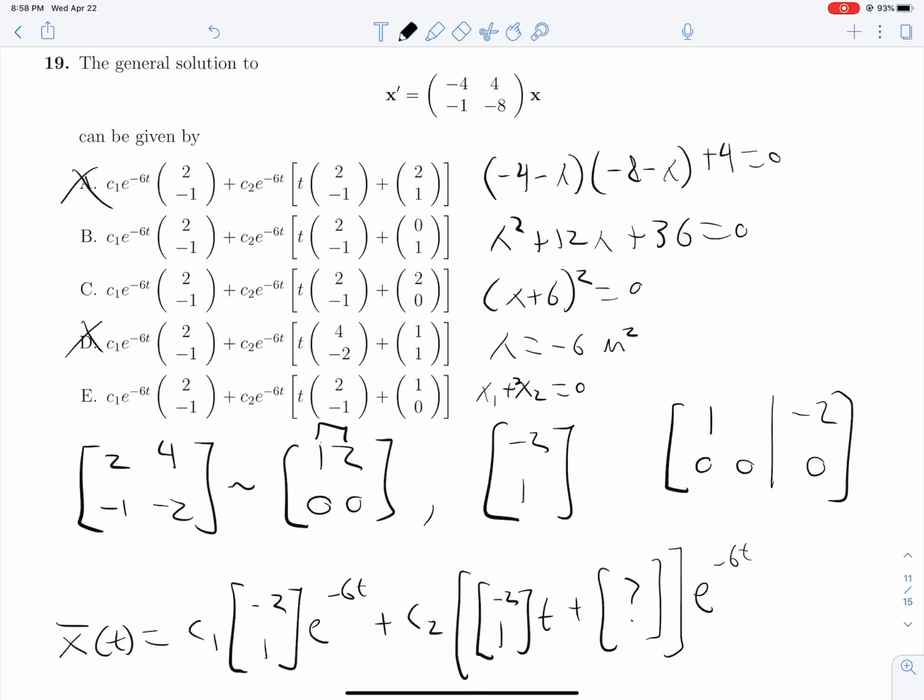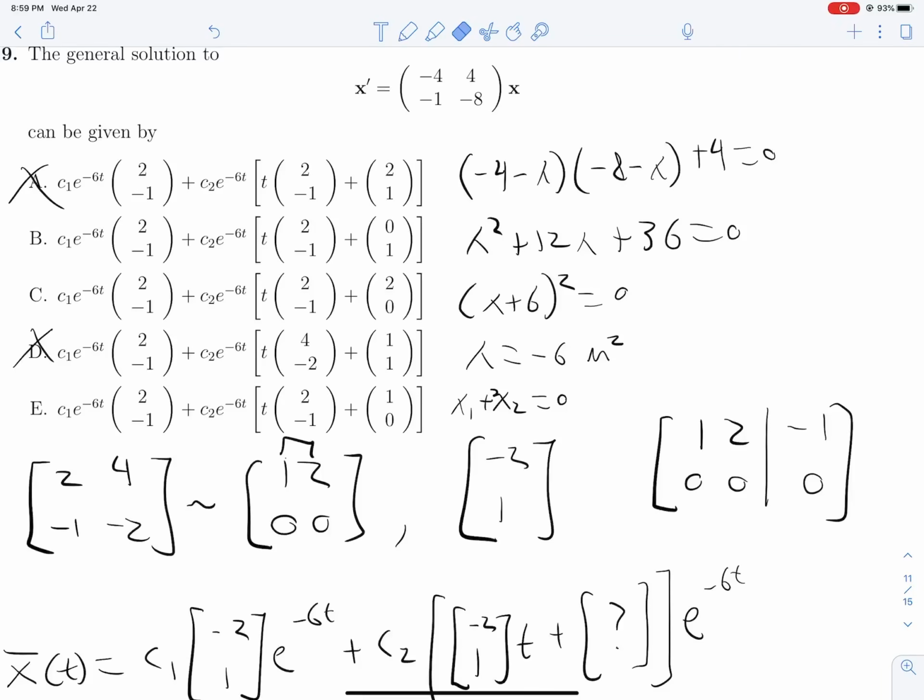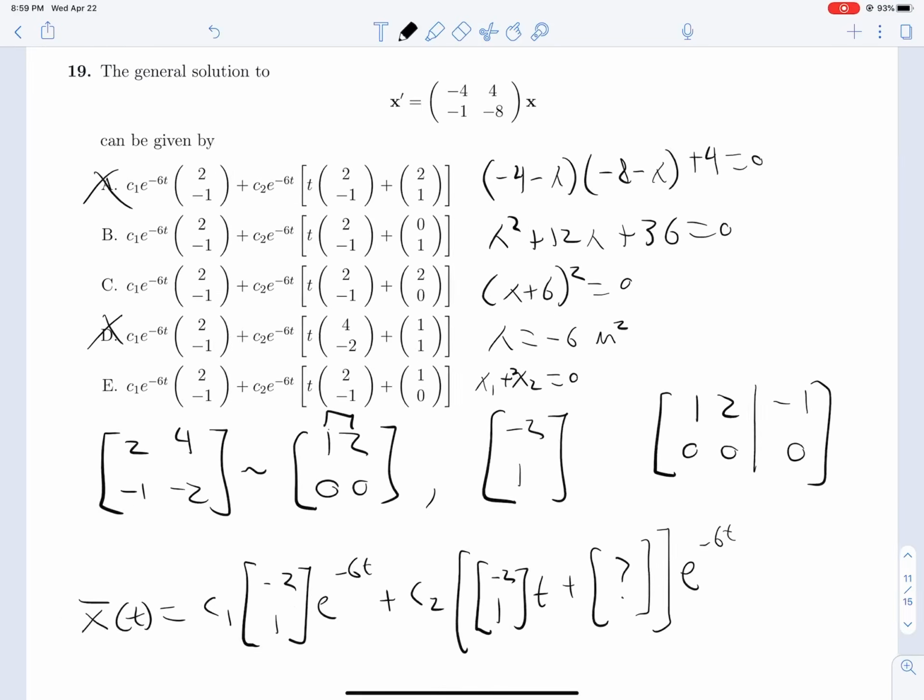And now all we have to do is divide this by 2, and as long as you're doing this the same way that I do, as soon as we get the components on the left side equal to what we had in A minus lambda I when we solved for our first eigenvector, this right side is our generalized eigenvector.